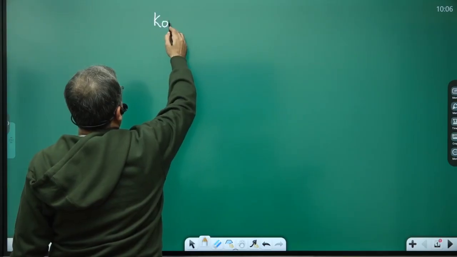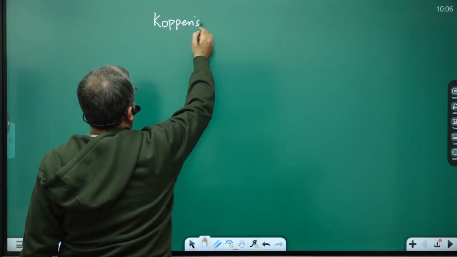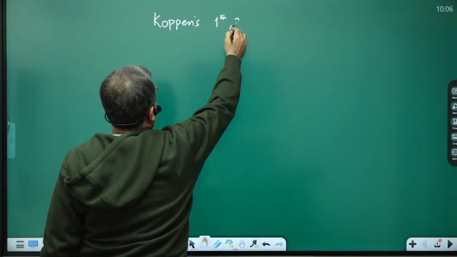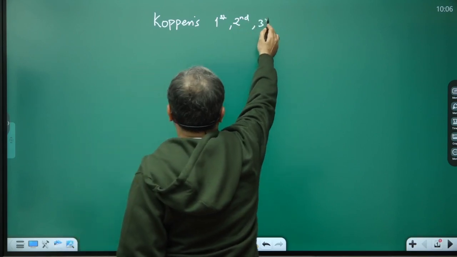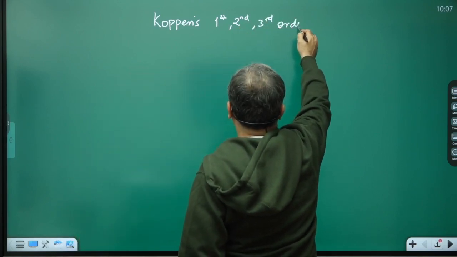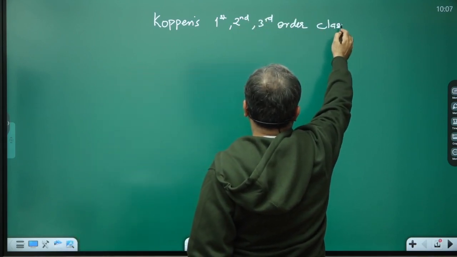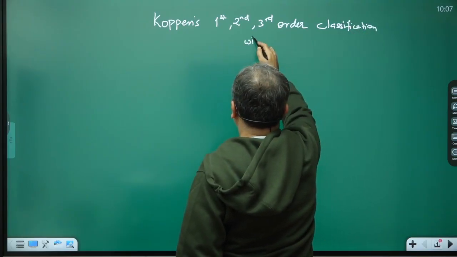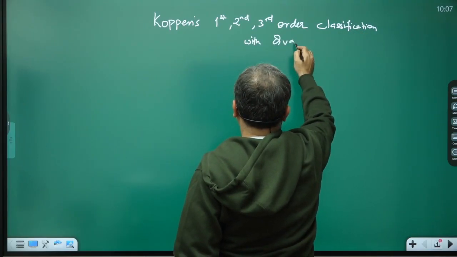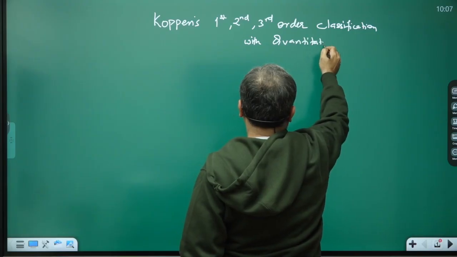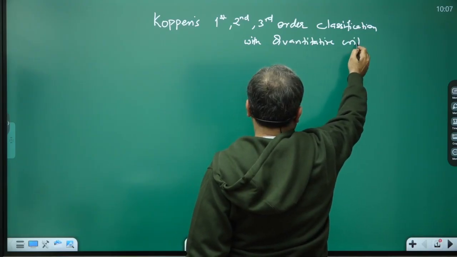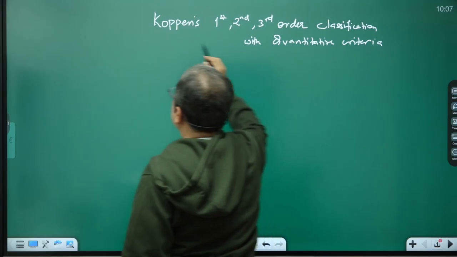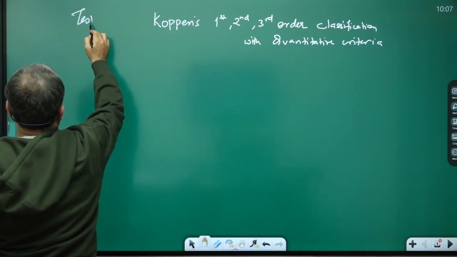Koppen scheme: first, second, third order classification with quantitative criteria. That is your test.